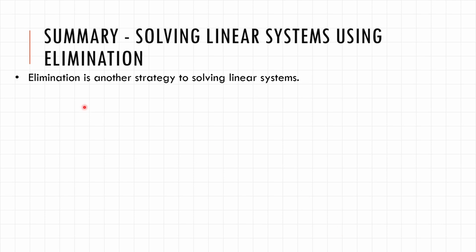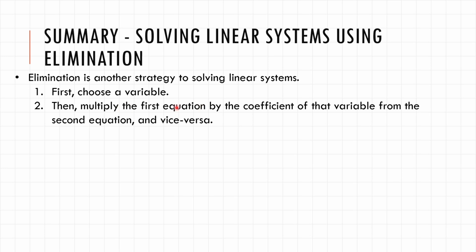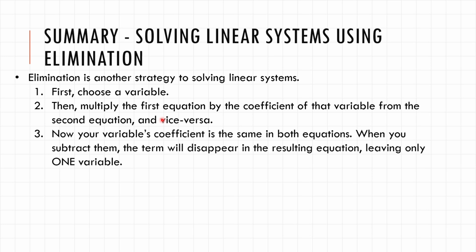After that, we learned elimination, which is yet another strategy to solving linear systems, where you choose a variable, you multiply the first equation by the coefficient of that from the other one, and vice versa, and that makes their coefficients equal. And that's really what you're looking for. You don't necessarily have to multiply one equation by the other. You just need the variable's coefficient to be the same in both equations.